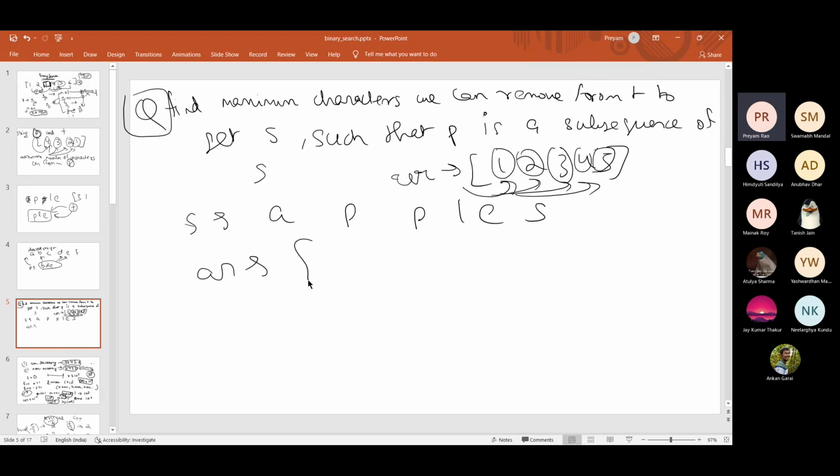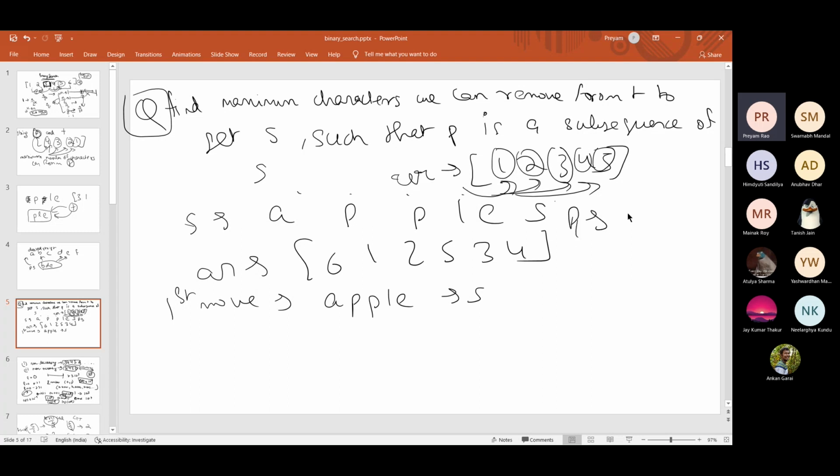After deleting the element, for example, S is equal to A, P, P, L, E, S. If AR was equal to 6, 1, 2, 5, 3, 4, then after the first move we are deleting the sixth element of A, P, P, L, E, S. So the string would be apple. We need to check if, let's say, P was something like LE.